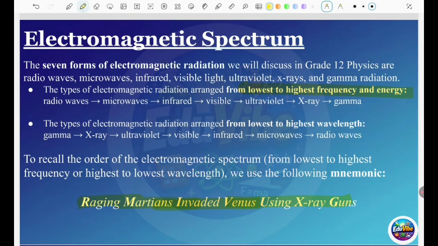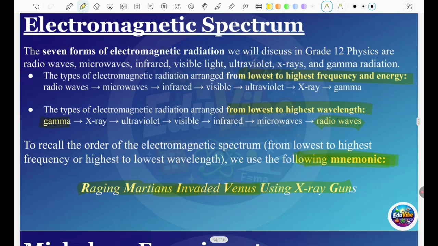When you read it backwards, you get the lowest to highest wavelength, which is from gamma to radio waves. That mnemonic is from the lowest to highest frequency. If you want the lowest to highest wavelength, you have to read it backwards. So this mnemonic is very important. You have to know this mnemonic for your diploma. You get one question for sure.